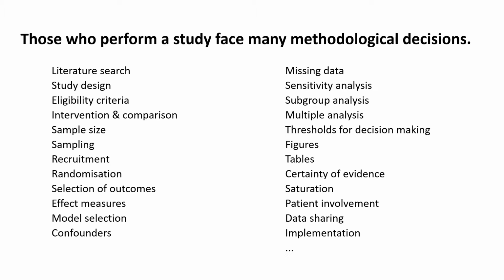For instance, how to search the literature, how to design a study, how to frame eligibility criteria, how to design interventions or describe usual care, sample size, sampling, recruitment, randomization, lots of statistical considerations, but also non-statistical considerations such as saturation, how should I involve patients, how should I share the data, how should I implement my findings. For all these considerations, there are typically several, sometimes many methods to choose from.